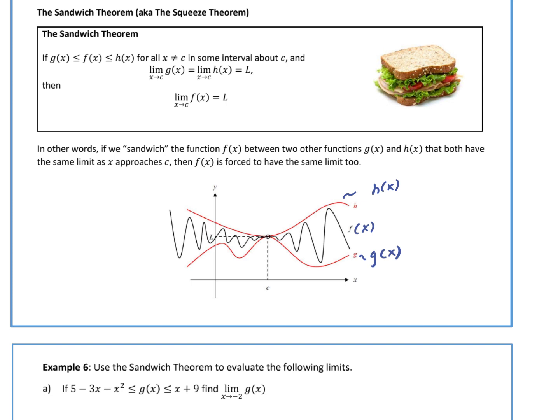Well, if I can find the limit of h of x, so if I look at this graph here, as h of x approaches c, the graph is going to this height, okay? And then as g of x approaches c, it's going to this height too. So both limits. So I could say the limit as x goes to c of h of x is equal to L. Okay, again, either I could just plug in and I can figure it out, or I can look at a graph, but I can come up with the limit of h.